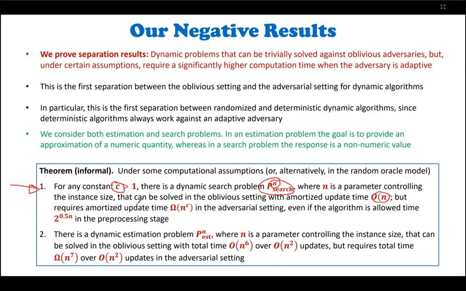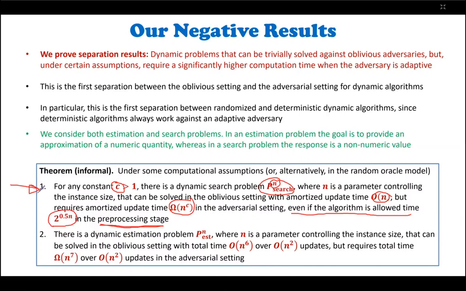But no matter how you try to solve it in the adaptive setting, it requires at least n to the c amortized update time. Furthermore, this holds even if the algorithm is allowed to spend exponential time for free in the pre-processing stage.